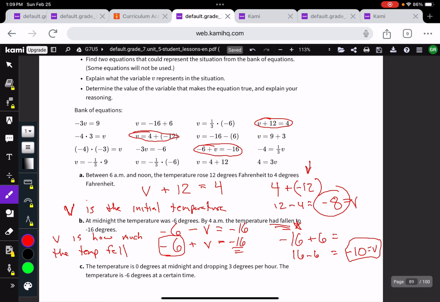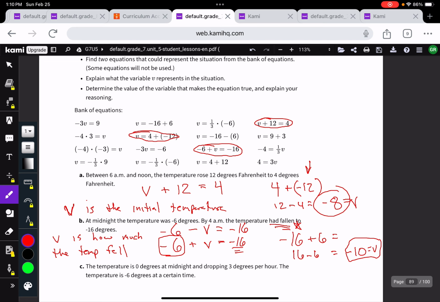It fell negative 10 degrees. It went down 10, which is why we add, because if we used my equation, we would have gotten V equals 10, and 10 is technically not the answer to the equation. Technically, it should be negative 10. So we answered all three of those bullet points.